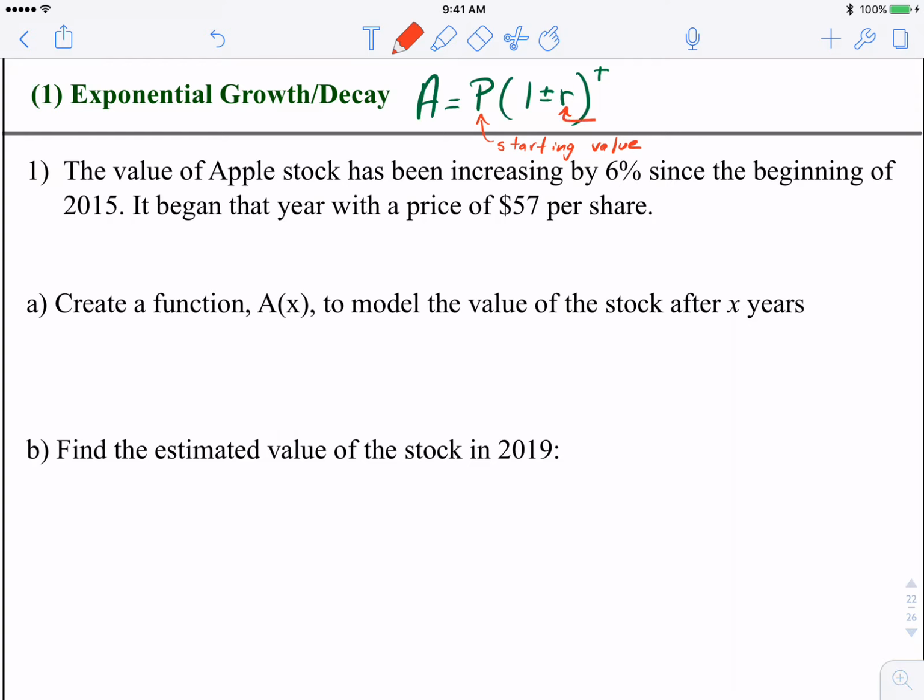The R is your rate. The thing with rate, we're giving it as a percent. So when we say something like 2%, that doesn't mean we're going to do 1 plus 2. 2% is actually representing 0.02, so we want to make sure to convert all percents to decimals, a regular number, basically.